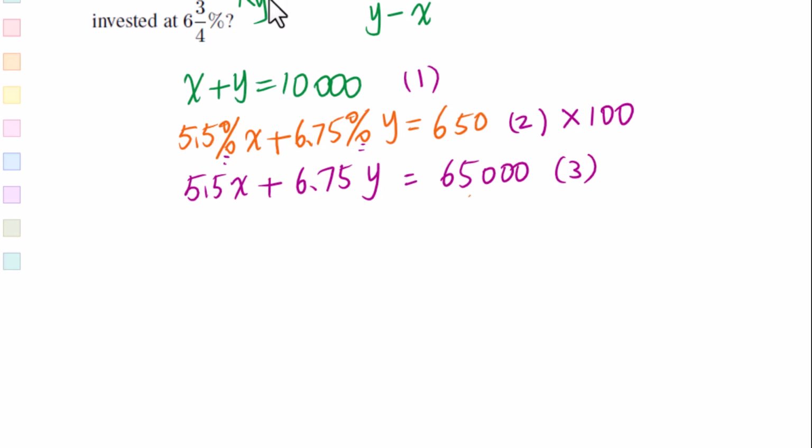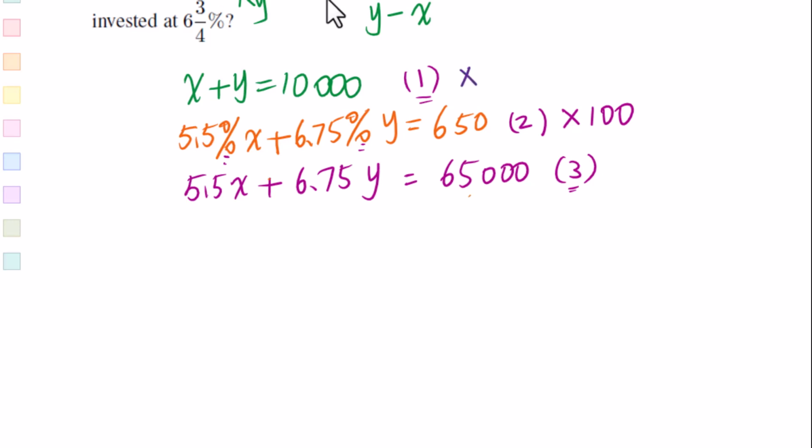You can solve the system of equations 1 and 3 by substitution because it's really easy to make x equals or y equals. Also, you can solve this system by multiplication. Let me show you.